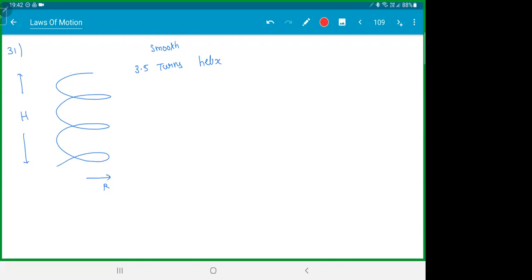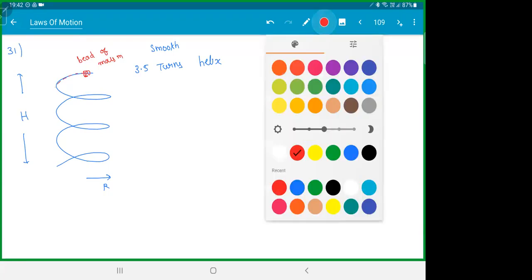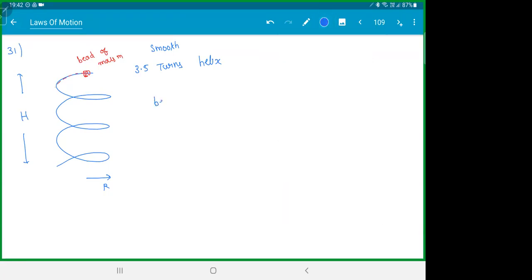So on this helix, someone kept a massless bead, bead of mass m. So this bead is going to slide. So the bead starting from rest slides on the helix. Find the time taken to reach the ground.